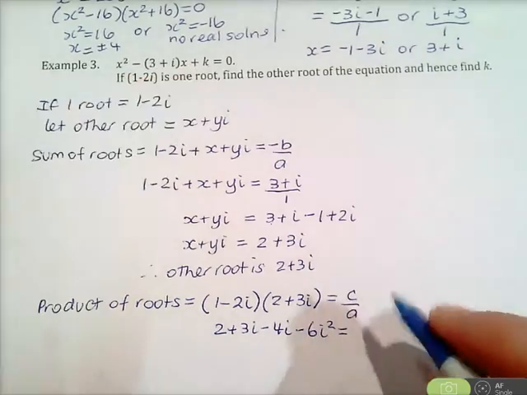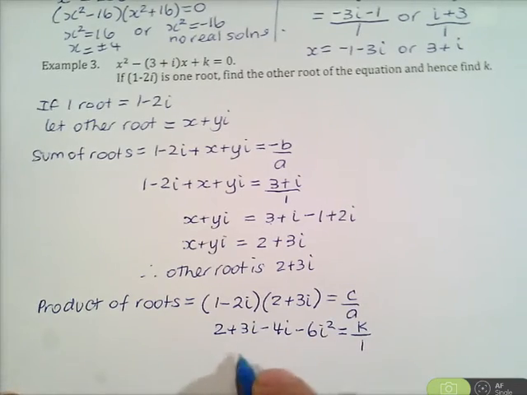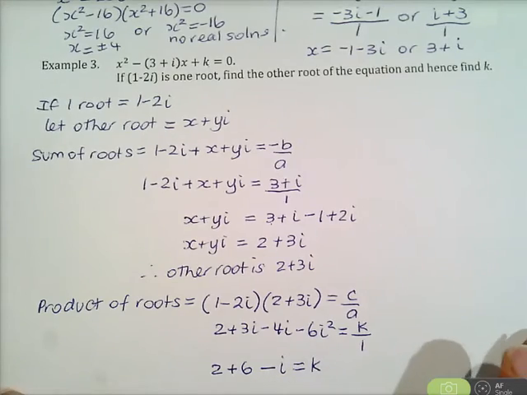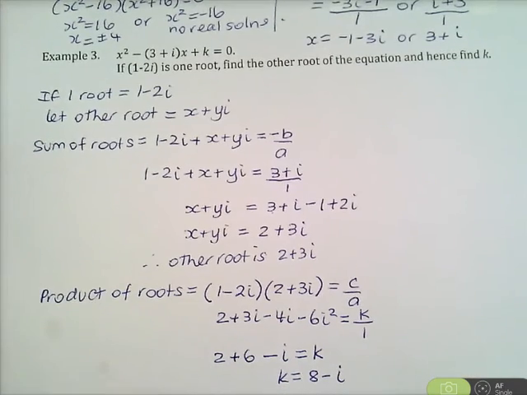Now c is k and a is 1. So we get 2, and minus 6i squared is plus 6, and 3i minus 4i is minus i, is equal to k. And so k equals 2 plus 6, which is 8 minus i. And that's the end of the question.